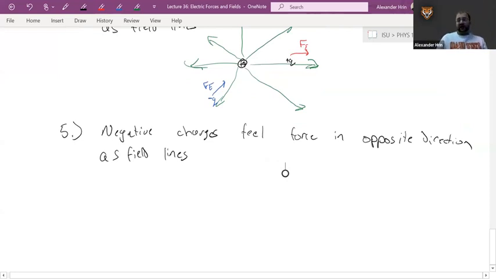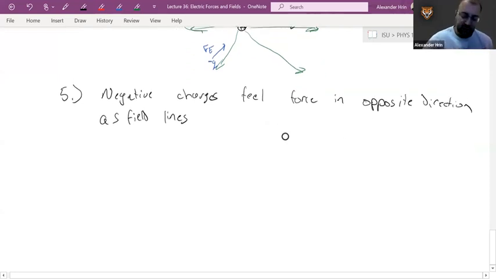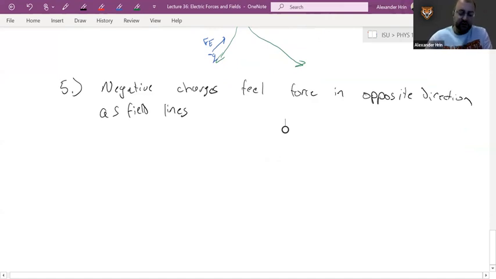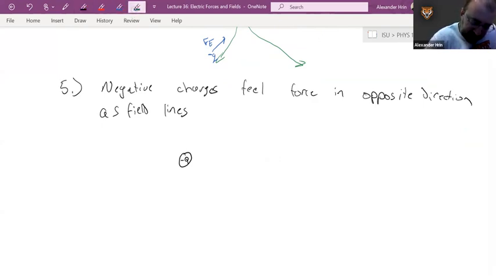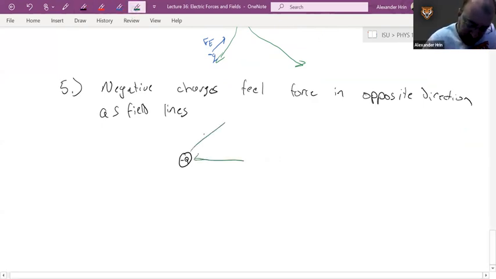So that's the idea. Now you might be wondering, but if there are two negative charges, won't they still be repelled? And that is true. So we'll go with negative Q, and then the field lines are now pointing towards the object. Again, that was our first rule, that field lines point towards this.